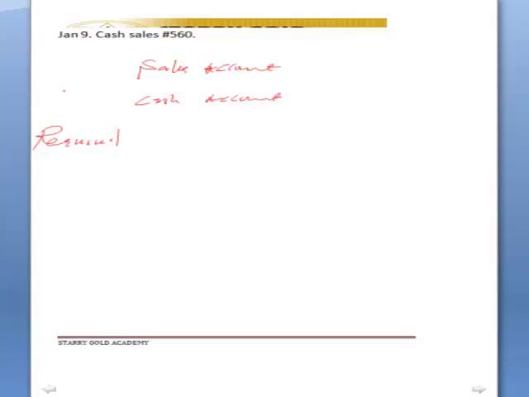Sales account is always a given account. So our required action will be credit sales account and debit cash account, which receives the money.